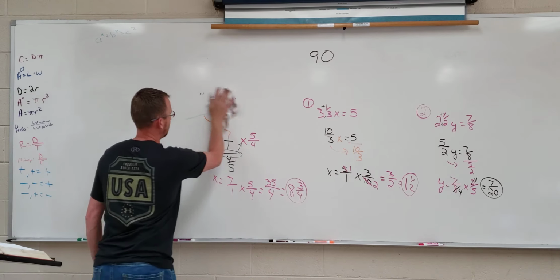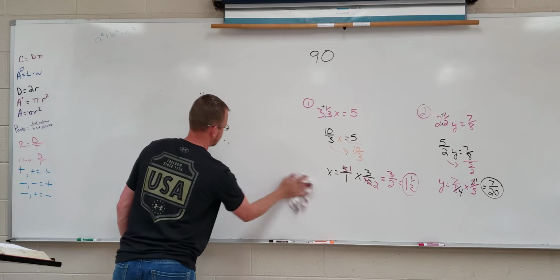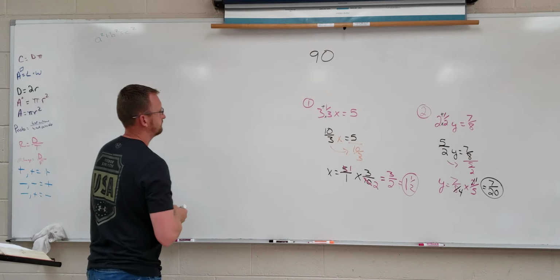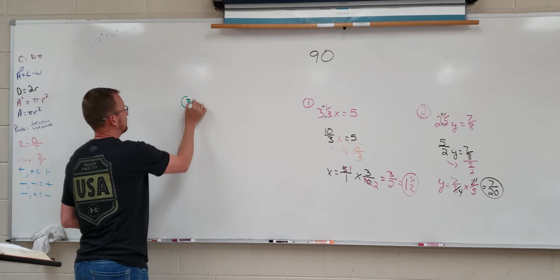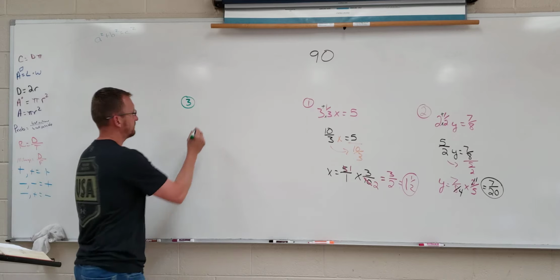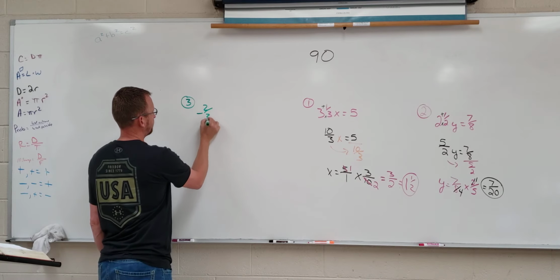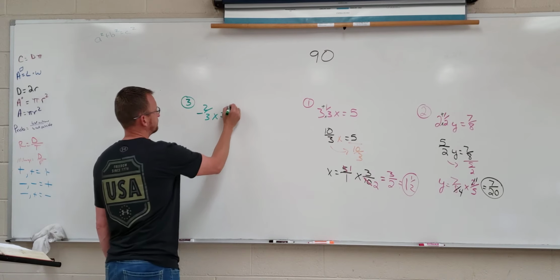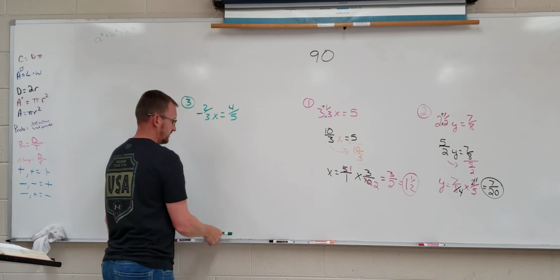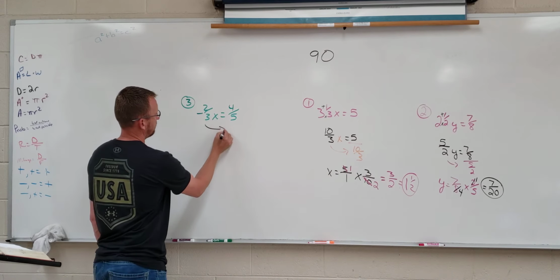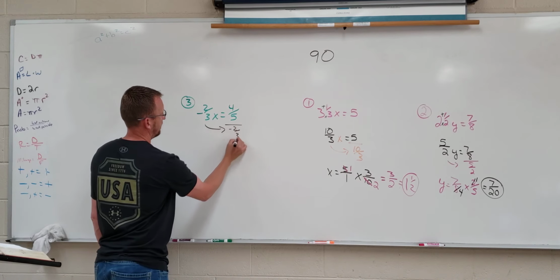Negative coefficients. Let's look at example 3. Negative 2/3 x equals 4/5. Still going to set it up and solve it the same way. We're going to take our 2/3 over and divide.